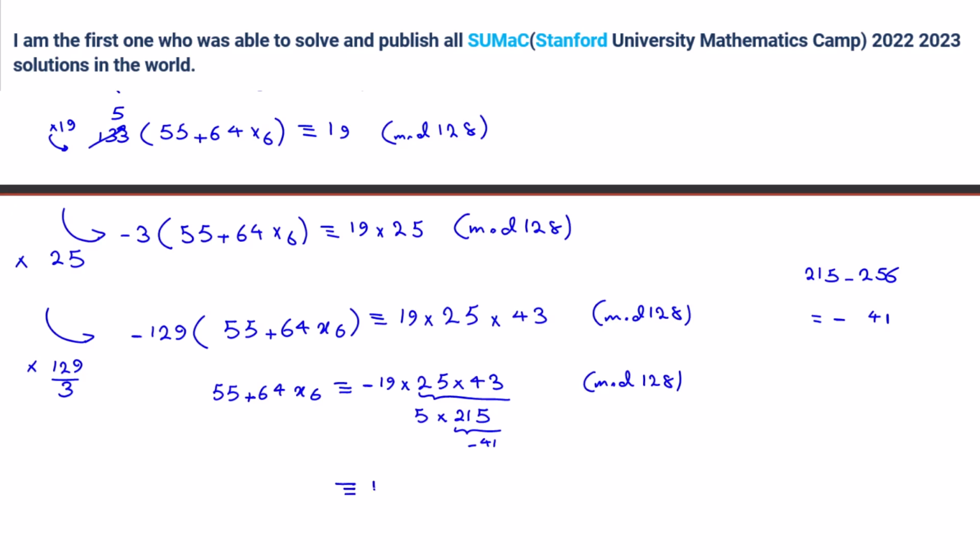Yeah. So it would be 19 times 5 times 41. Agreed? Yes. 19 times 5 is 205, right? Yeah. 205 is what? 77. Yes, or negative 51, right?